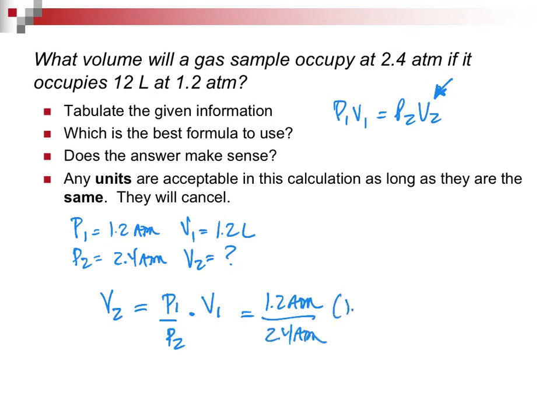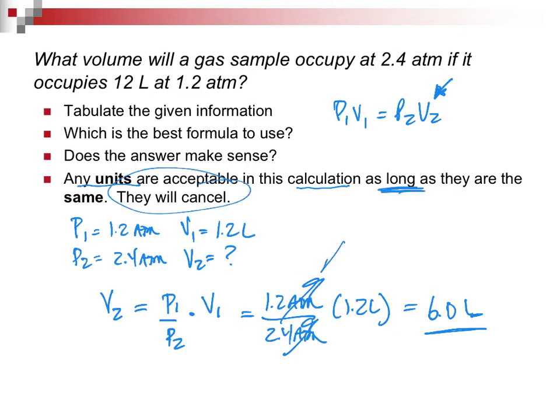And my volume is 1.2 liters. Notice how the units cancel, and we come up with the value 6.0 liters. Again, very simple problem. Any units are acceptable as long as they are the same, they are going to cancel out. That's what my atmospheres did. Now, this is a very simple problem. It's just to illustrate the law.